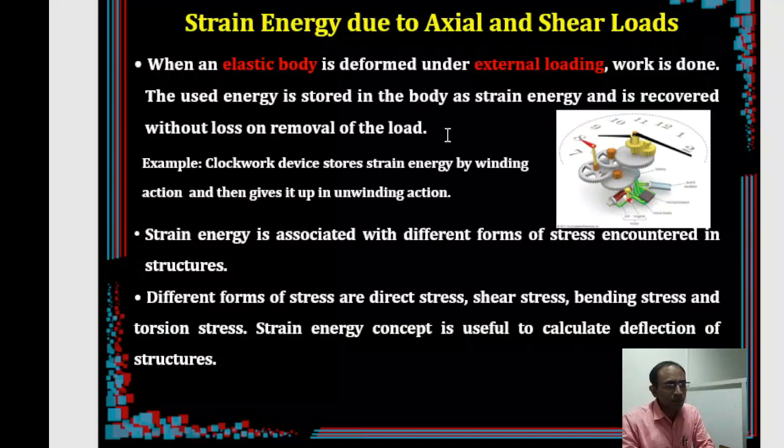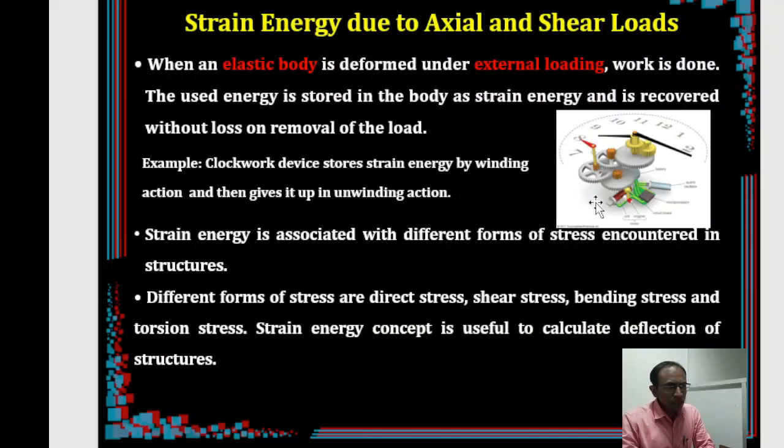Whatever changes happen on the body will be regained, right? So we can define strain energy as the internal energy stored in the elastic body when you apply some external load and the body gets deformed. Here the example of a clockwork can be used to illustrate the concept of strain energy.